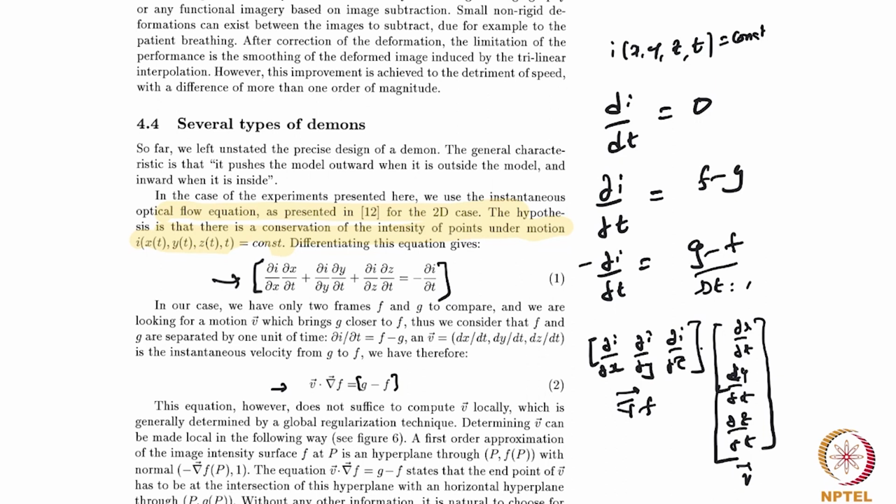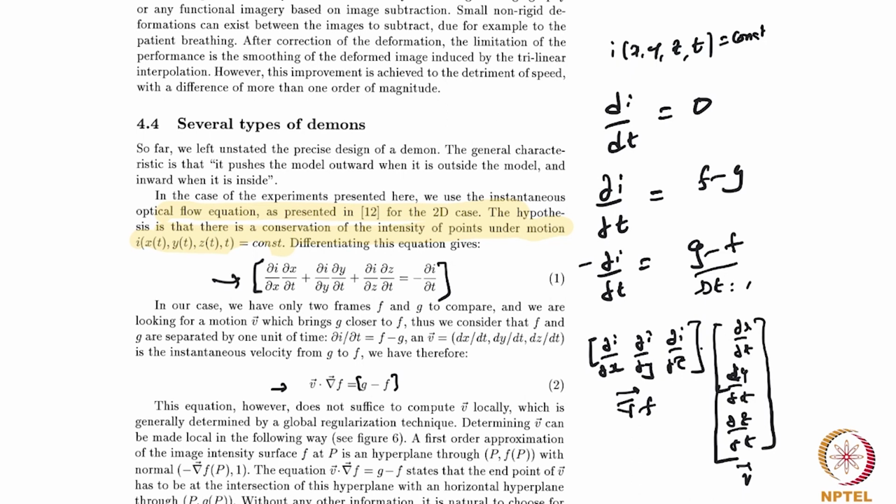Okay. So this is your optical flow equation, and this has a problem because it is underdetermined, right? V has 3 components, and in many cases, if you are looking at 2D images, V has 2 components, but you have only one equation. We are actually trying to estimate V, because in this case we are looking at a fixed frame and a moving frame, and we are assuming that delta T is equal to 1.